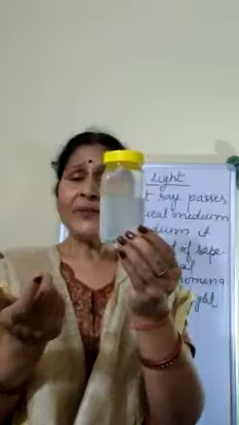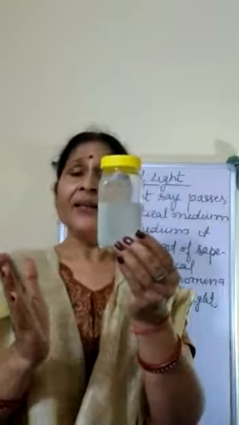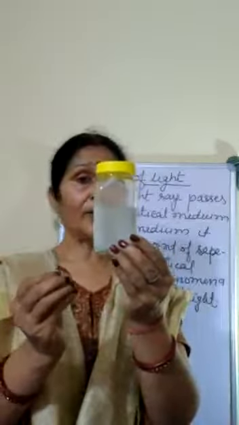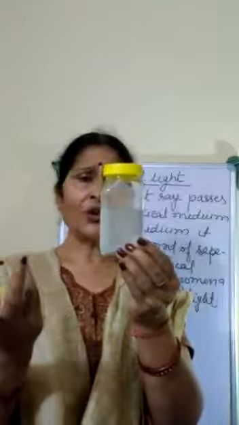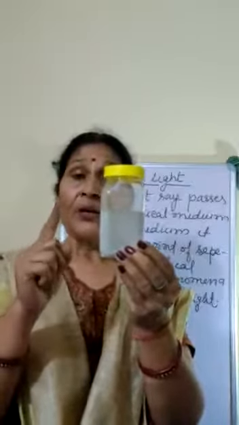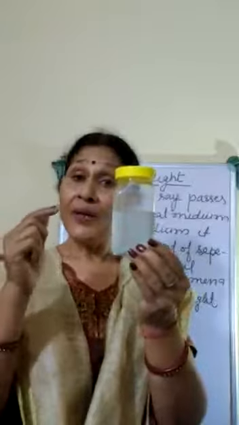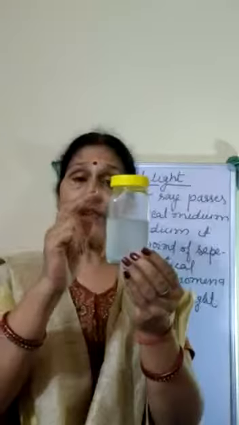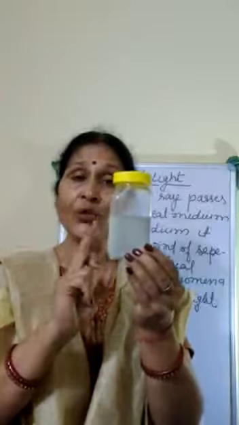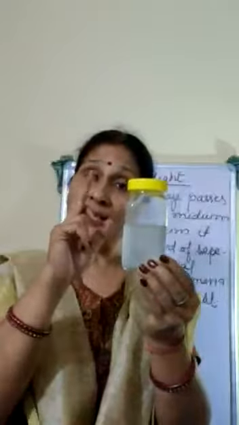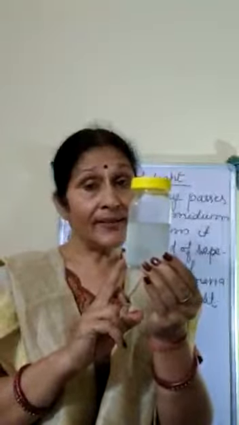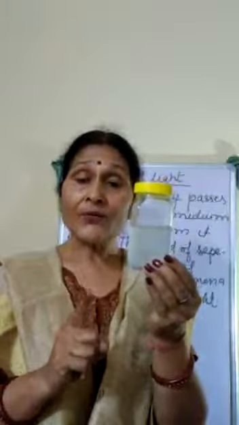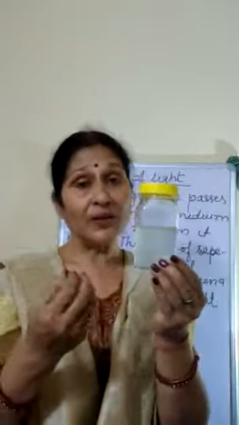What is an optical medium? Generally we can say the medium through which a light or electromagnetic wave can move is called an optical medium. How do we decide a medium is optically denser or rarer? We decide it on the basis of speed of light in those mediums.